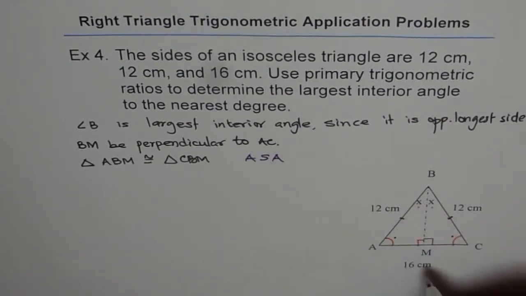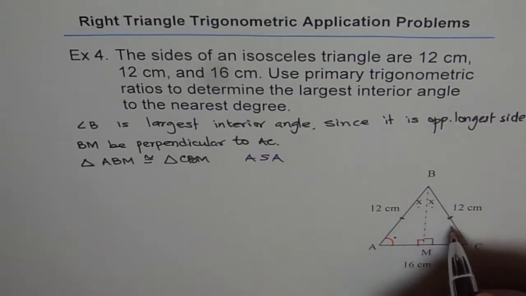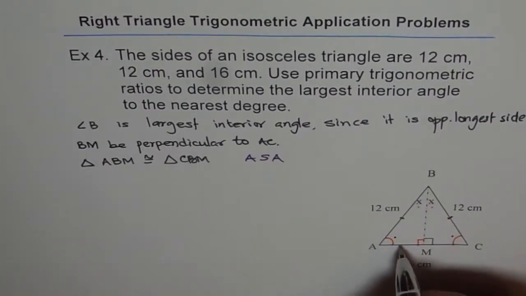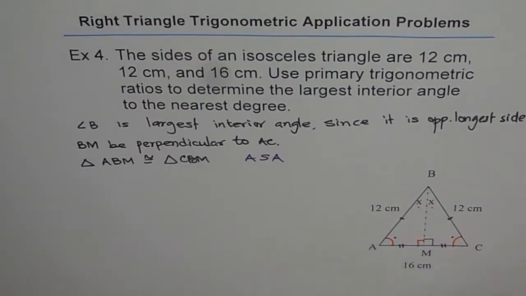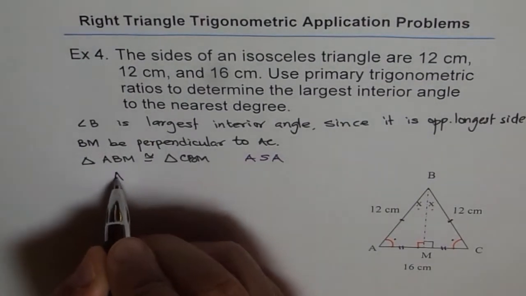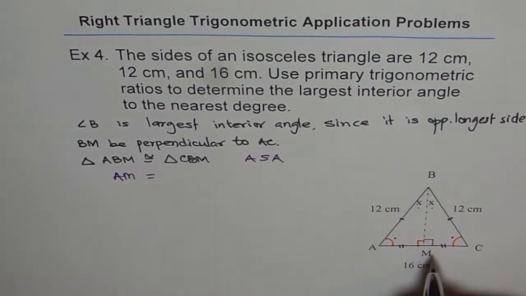Therefore, these two triangles are congruent. If the triangles are congruent, then all their sides are also equal. So we prove by that AM is equal to MC.